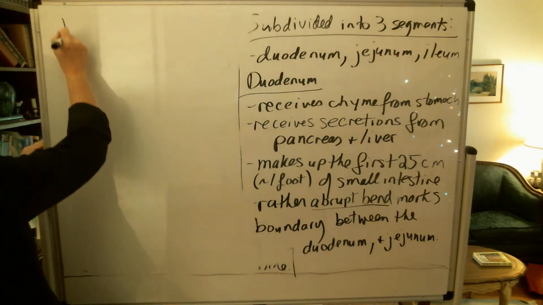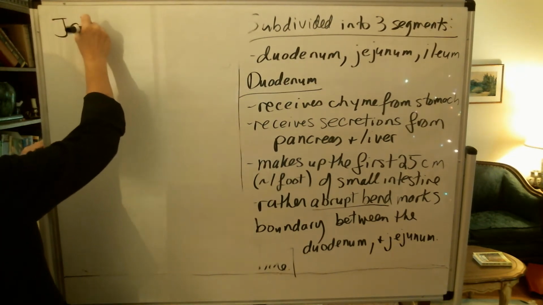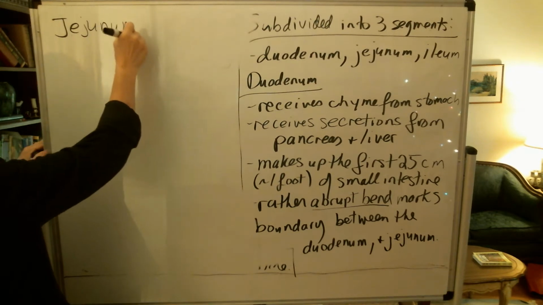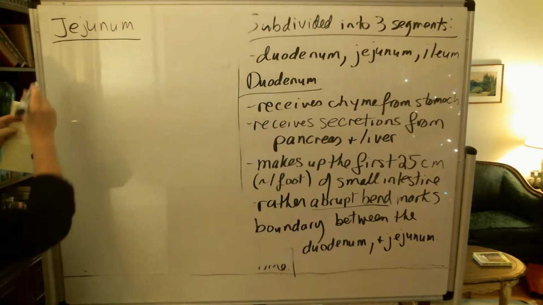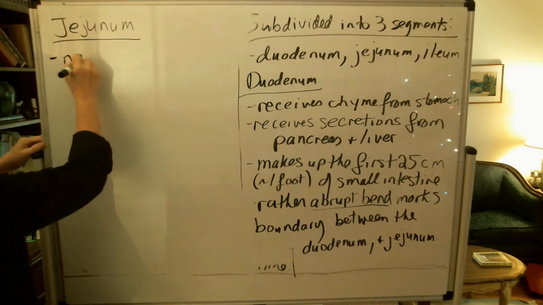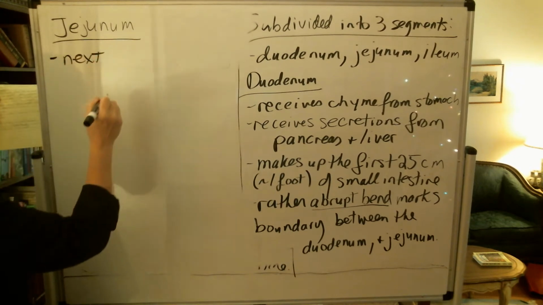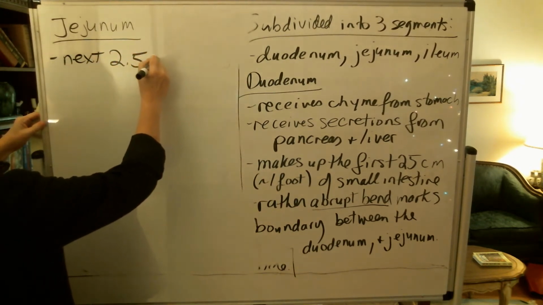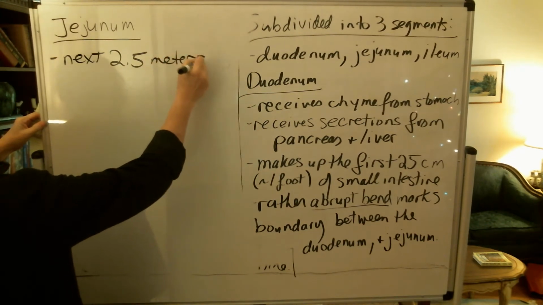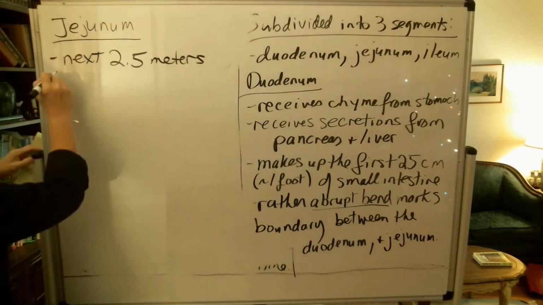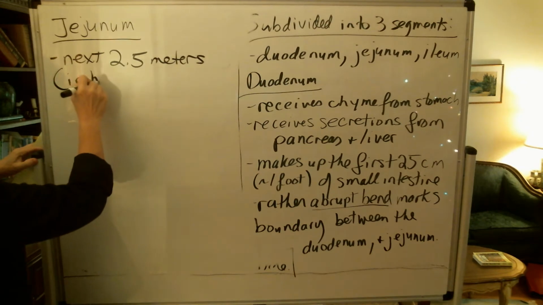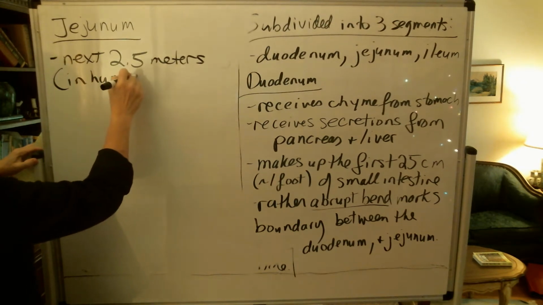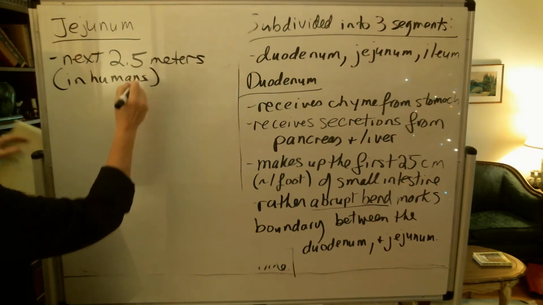So then we have the jejunum. And for the time being, all I'm going to really say is that this is the next 2.5 meters in humans.